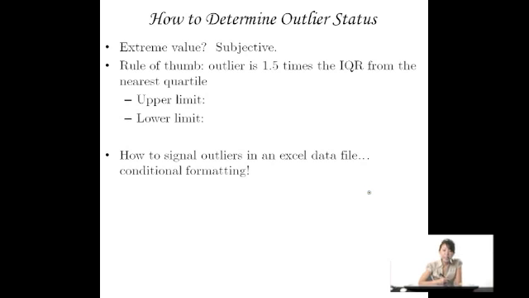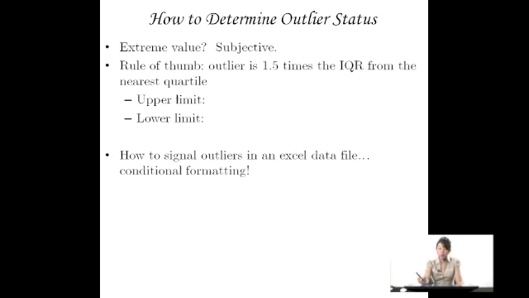Now, how do we determine whether we have outliers in our data set? Well, outliers are simply extreme values, but that's a really subjective way of defining it. How do we know how extreme? Who defines extreme, right? Well, we have a rule of thumb in statistics. Typically, we say that an outlier is 1.5 times the interquartile range from the nearest quartile, right?